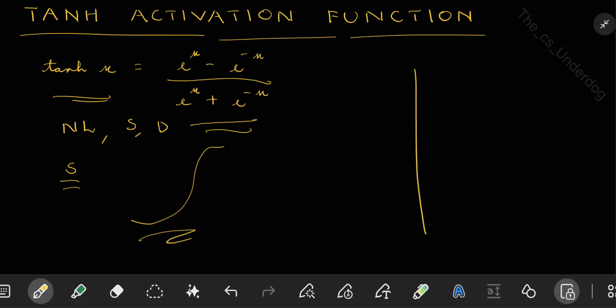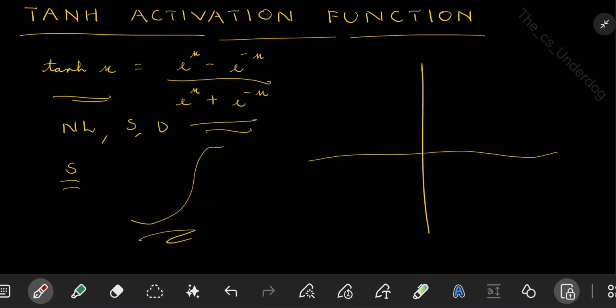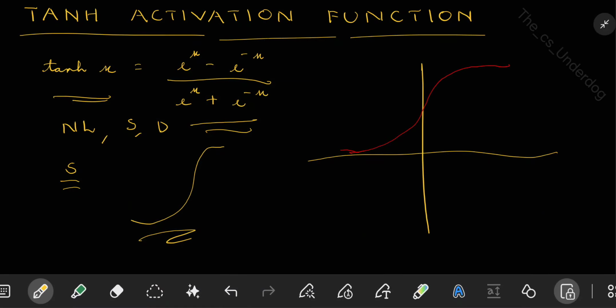If this is your graph, your sigmoid function looked something like, I'll take a different color, let us say red. Sigmoid looked something like this. This is how your sigmoid function went. Instead, if it is tan H, what are the values here? This is 0 and this highest point of sigmoid is 1.